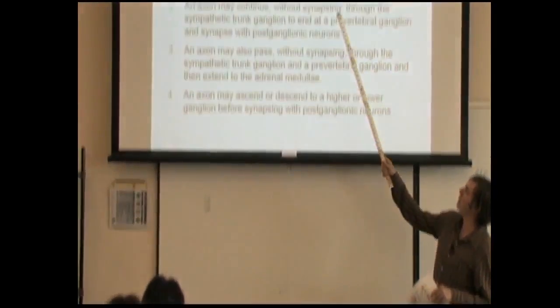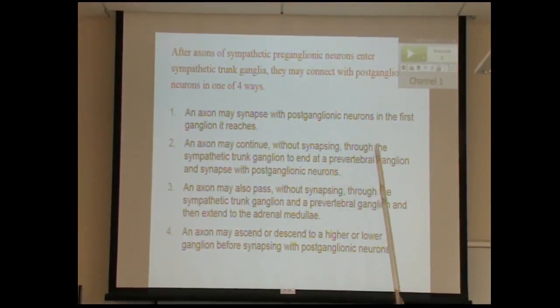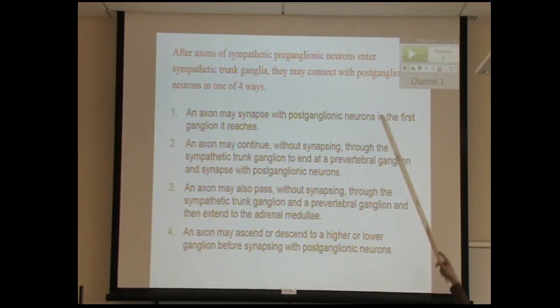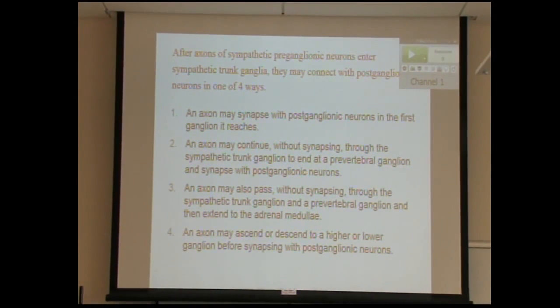So the first thing is kind of the easiest. So an axon may synapse. Oh, maybe first we'll go over this. So this is the 4 ways that a pre-neuron can meet a post-neuron in our sympathetic nervous system. So we kind of put them into 4 categories.